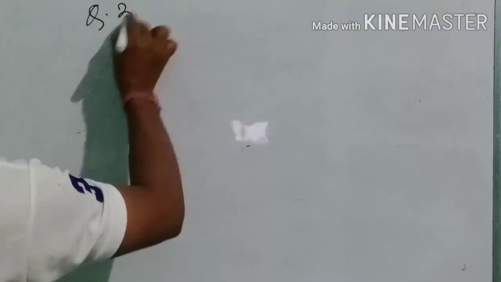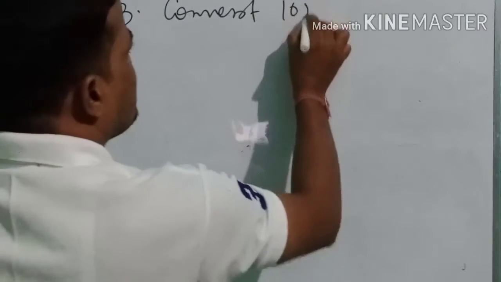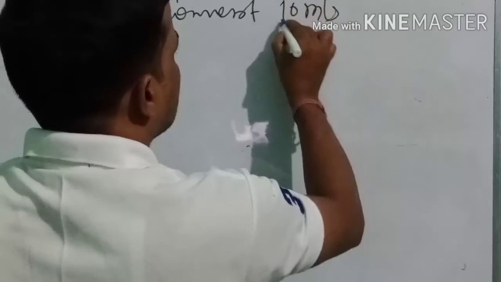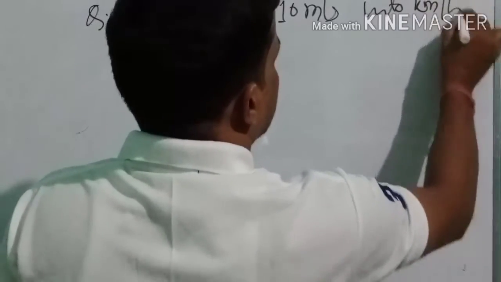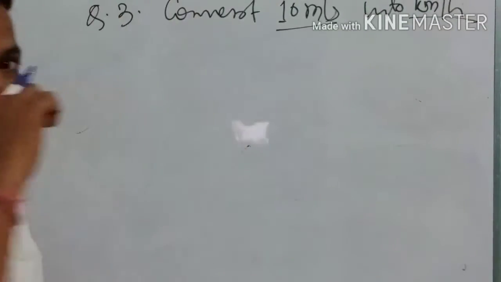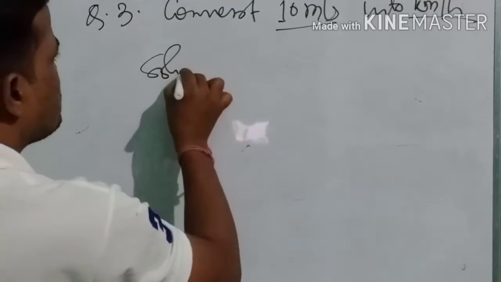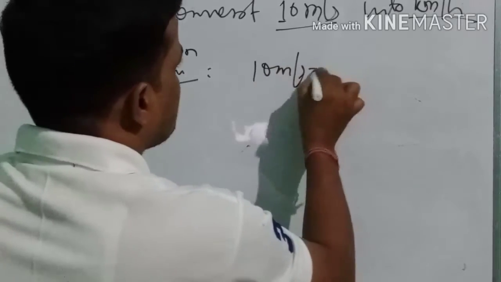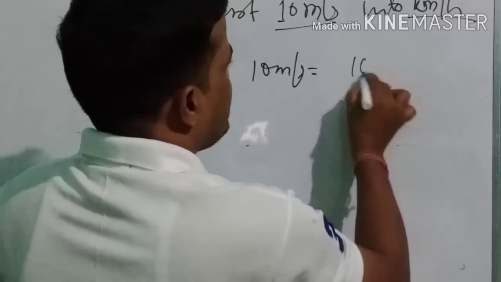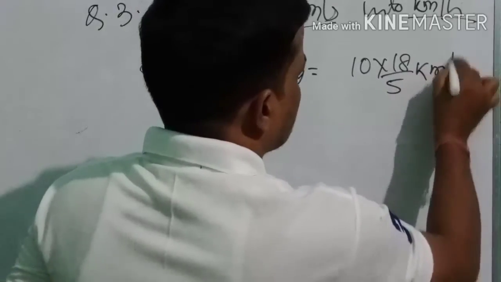So next, question number 3. Convert 10 meter per second into kilometer per hour. How much will it be? So the solution: 10 meter per second is equal to 10 into 18 by 5 kilometer per hour.